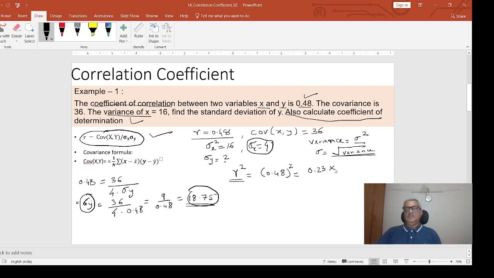If I multiply it by 100, it comes out to be approximately 24%. So that is the coefficient of determination. You can say the coefficient of determination is 24%, right?